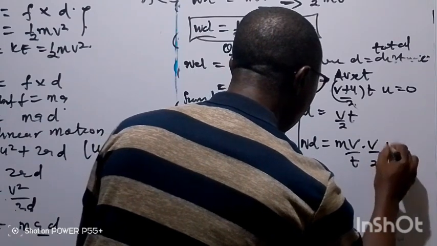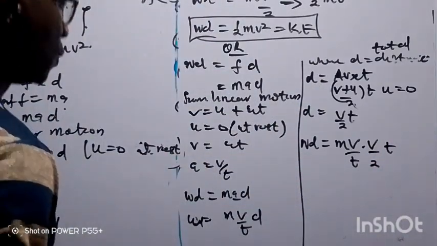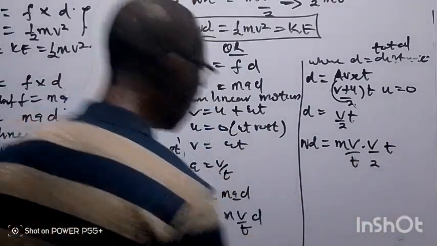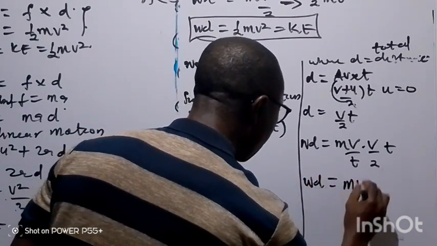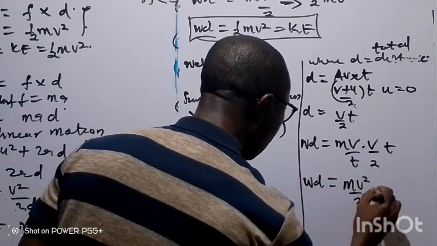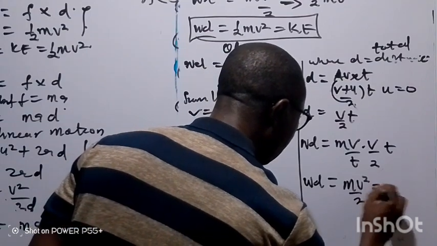So T will cancel T. We are going to have our work done equal to MV squared over 2, which is the same thing as half MV squared.